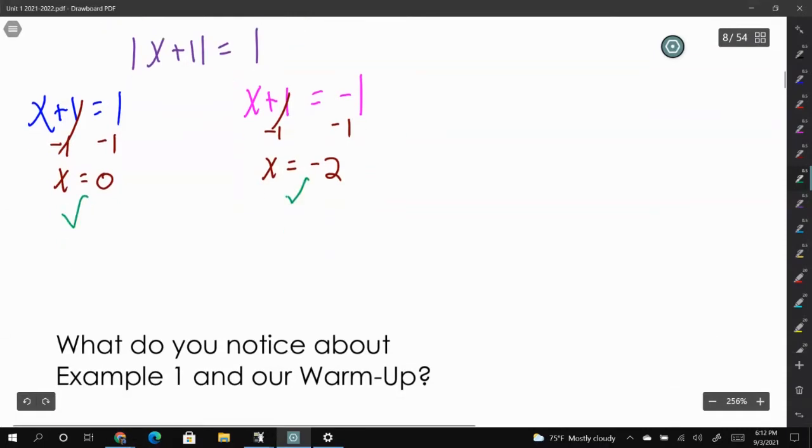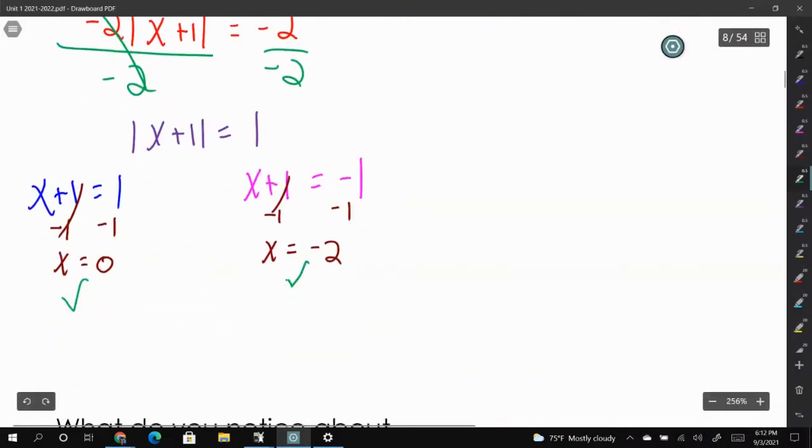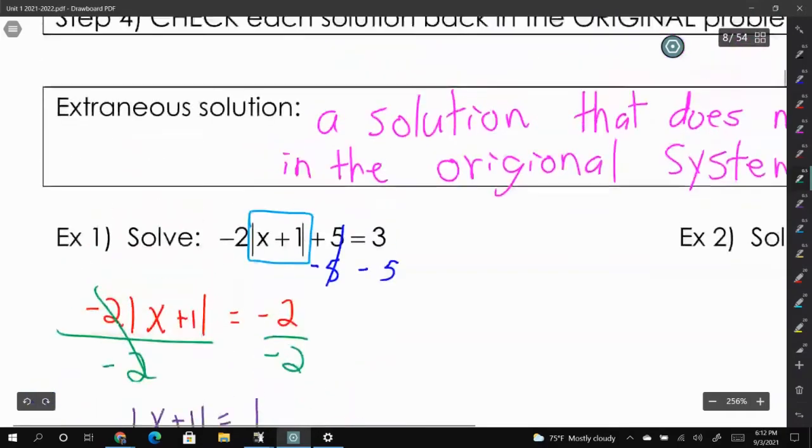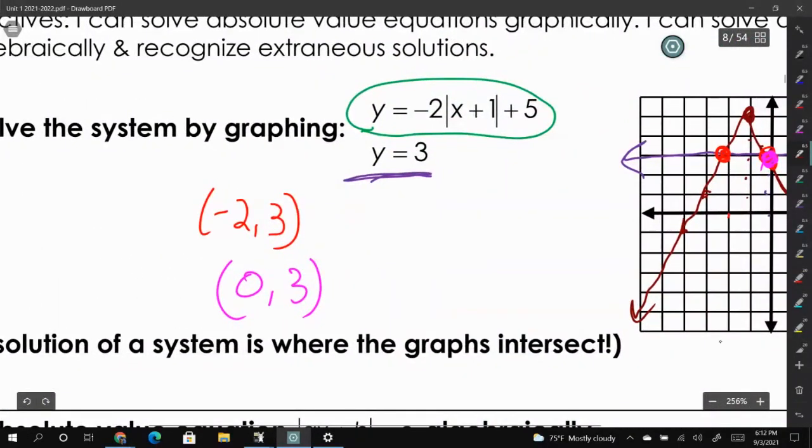Now, what do you notice about example 1 and our warm-up? Well, example 1 has solutions of 0 and -2. Look up here, -2 and 0 were the x coordinates of our solutions. Right?